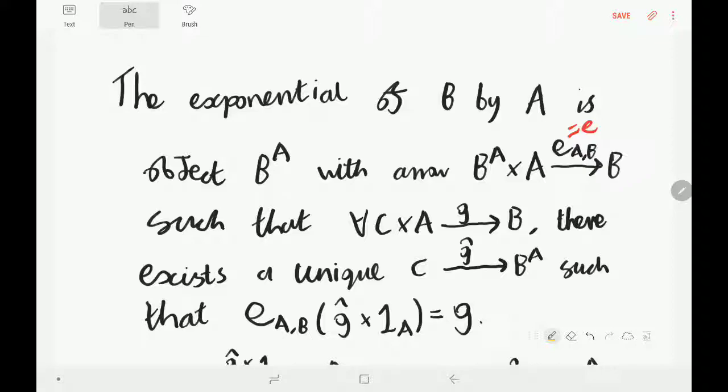Okay, but that's just in sets. Exponential objects are much more rich than that in general. So let's carry on. We have this arrow e, but it has to have a special property.